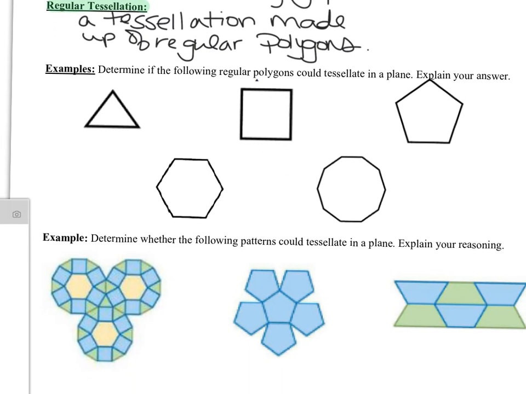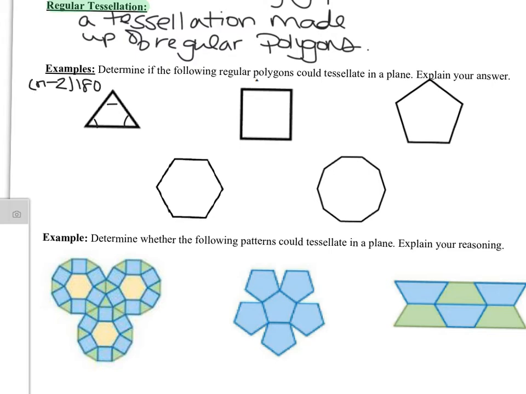So if we come down here and look at the following polygons, I want to know if they could tessellate in a plane. To do that, I first have to figure out what my interior angle is. How do I find what all of my angles add up to? Anybody remember that formula? Hopefully you're telling me it's n minus 2 times 180.